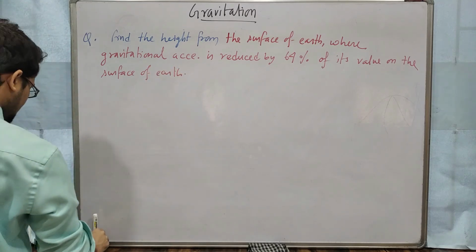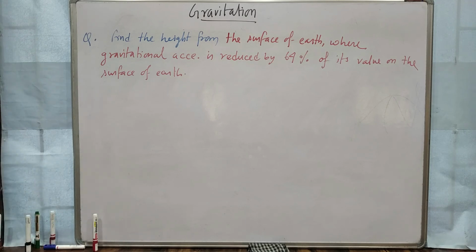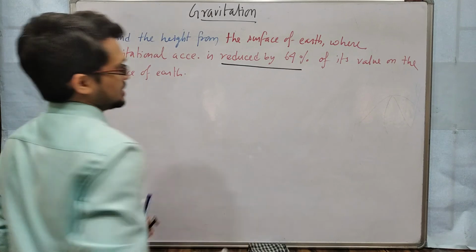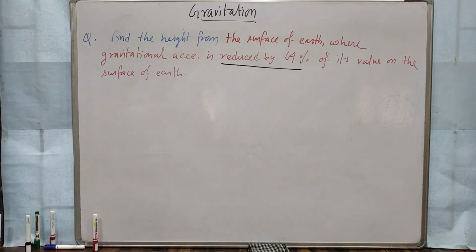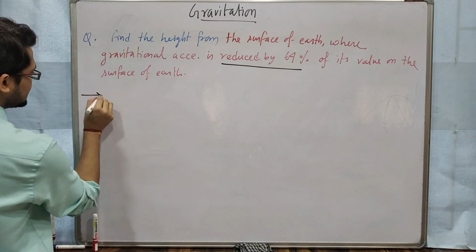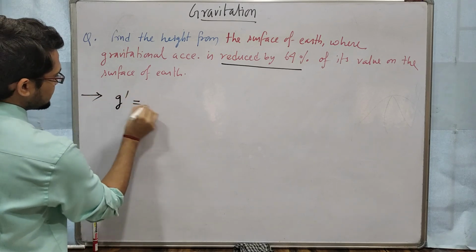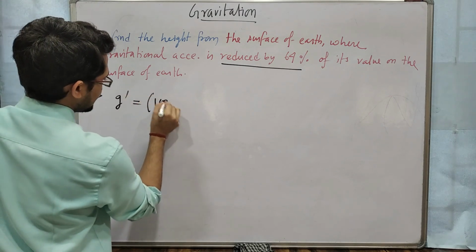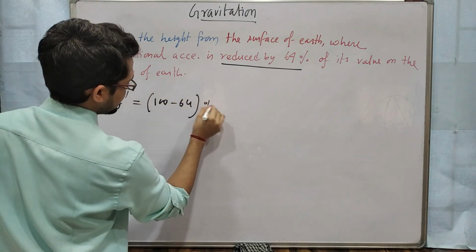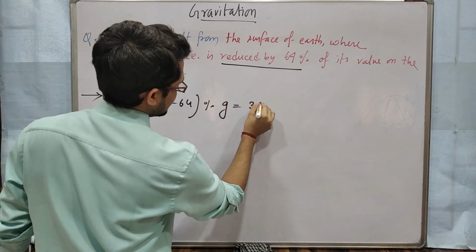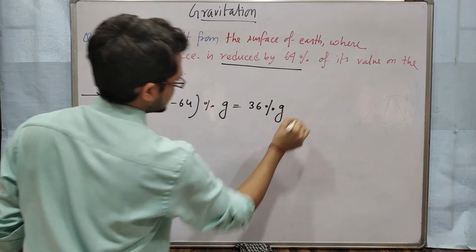Okay, so here look at this thing, reduced by 64%. You have to understand this word. Okay, reduced by 64%. So reduced by 64 means g prime will be 100 minus 64% of g. Okay, that means 36% of g.